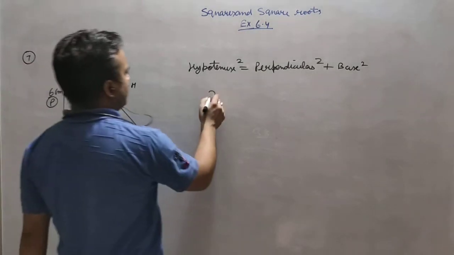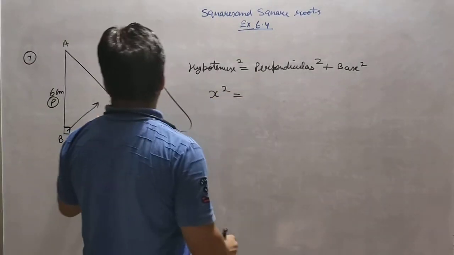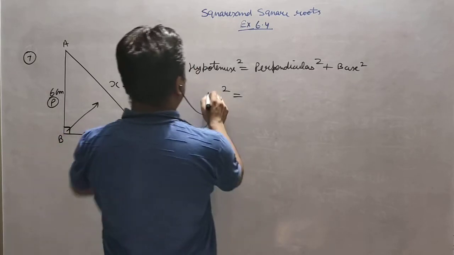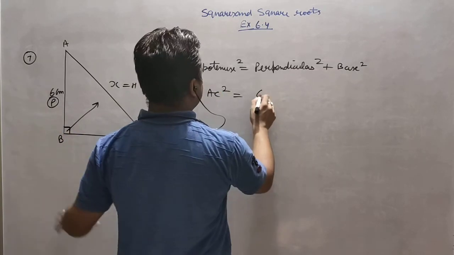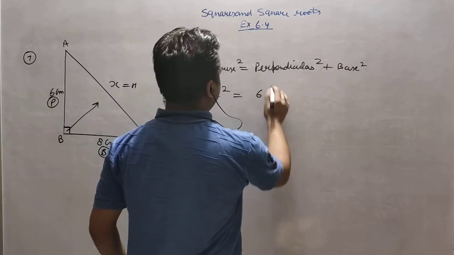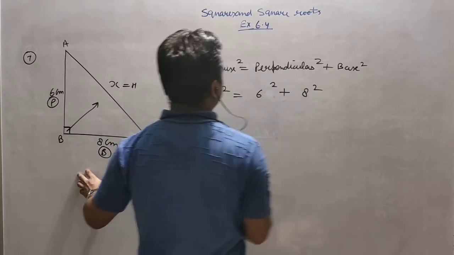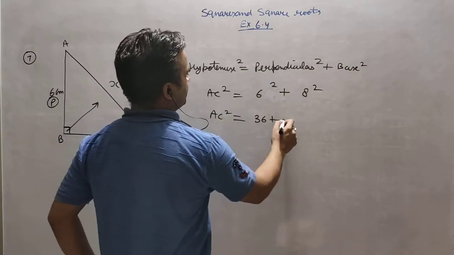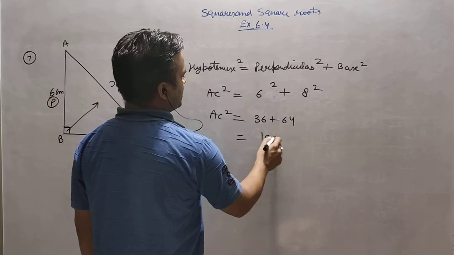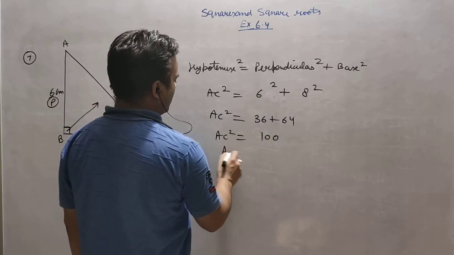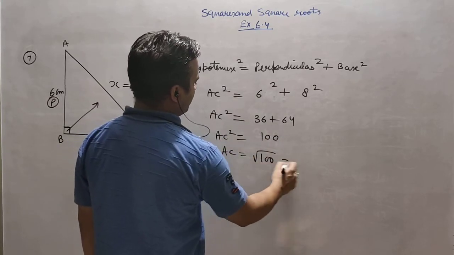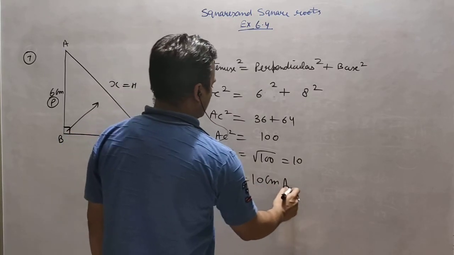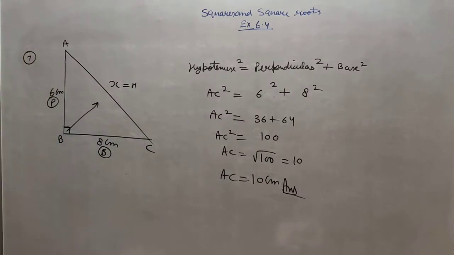So AC square equals AB square, 6 square, plus base 8 square. Now AC square is equal to 36 plus 64. So I think it is 100, and AC, this square will shift here, it will be 10. So AC is equal to 10 centimeter, and this is your final answer.